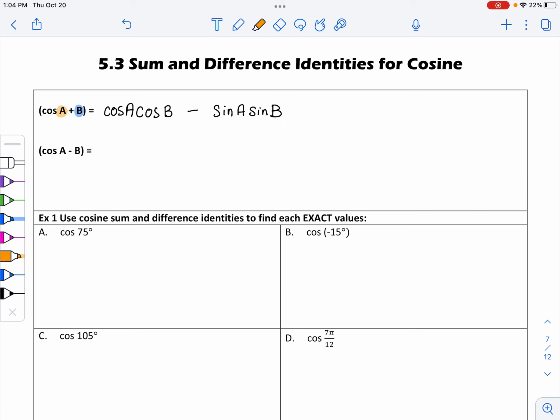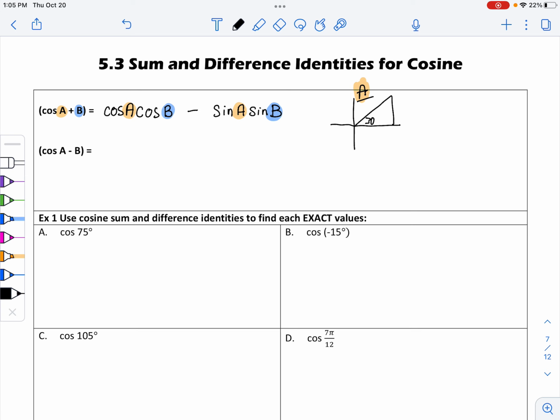Again, what I want you to see is we're going to have two different pictures: picture A and picture B. As a very quick example, let's highlight this picture in orange as picture A, and let's say this is a 30-degree angle.